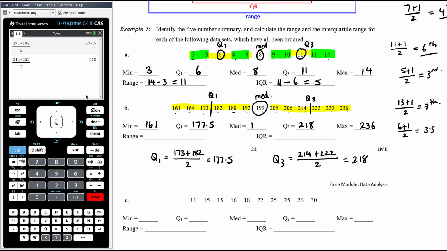So 218 and our median was 199. Range is max minus min, so 236 minus 161, which is 75. And interquartile range is 218 minus 177.5, which is 40.5.